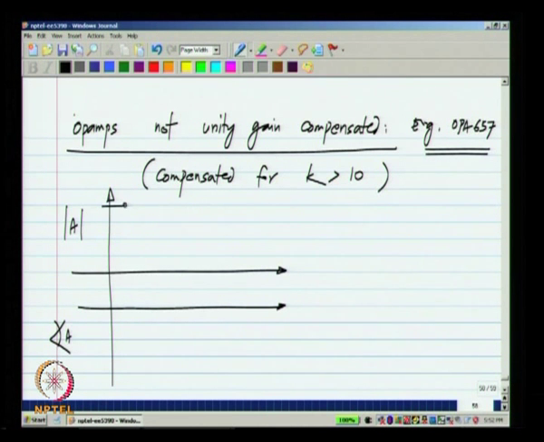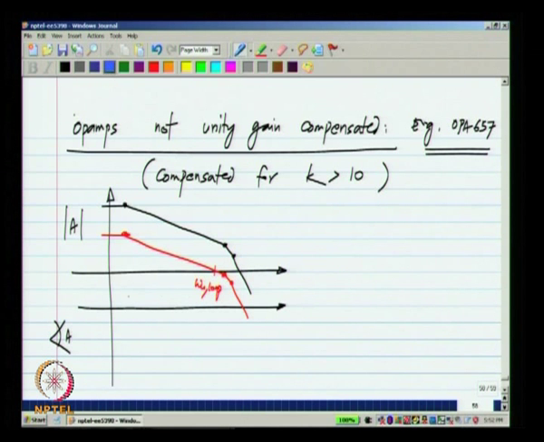You will have the dominant pole here, and if you measure only the op amp, the non-dominant poles occur before the gain of the op amp reaches unity, but you will never put this in unity feedback. Let us say you put it in a feedback loop of gain some 10 or so. So, then what happens is, you have something like that, where unity loop gain now falls below the non-dominant poles.